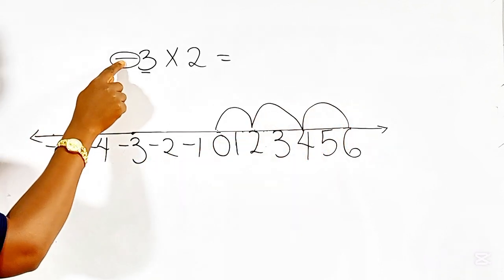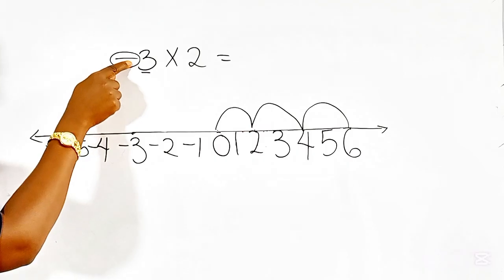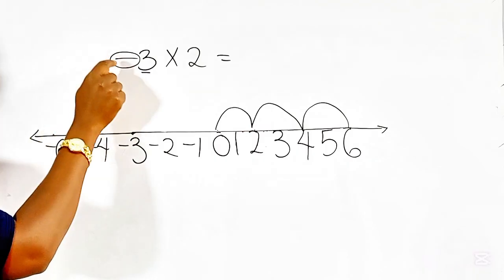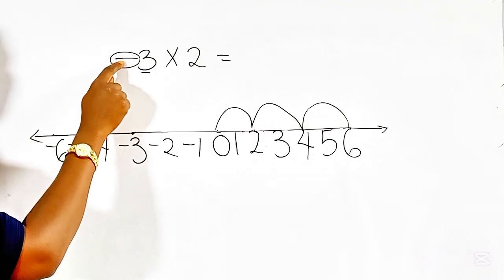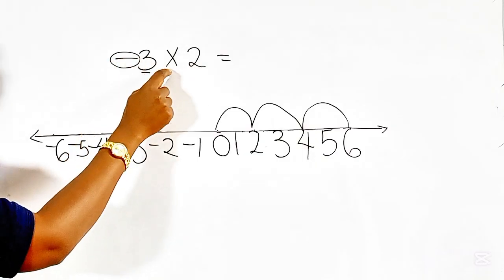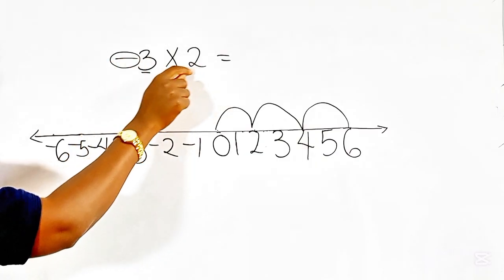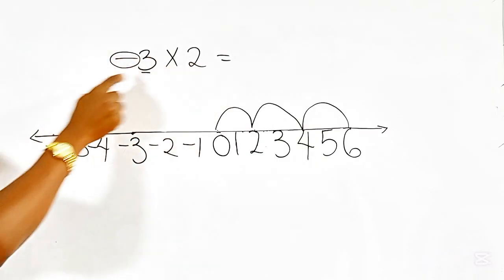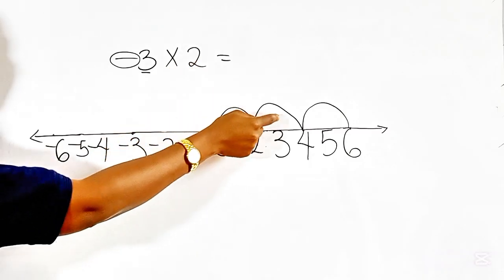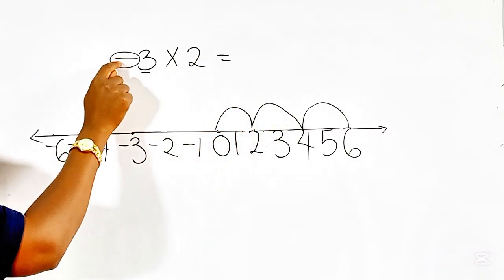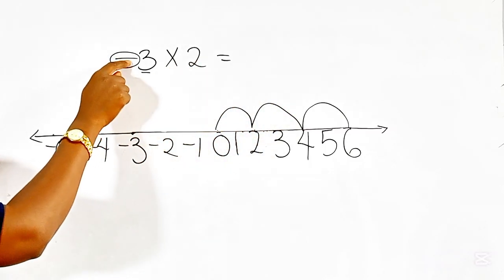But because of this negative sign, this negative sign is going to flip or change whatever action we are going to take to this second number. So instead of moving forward, we'll be going backwards because of this negative sign.